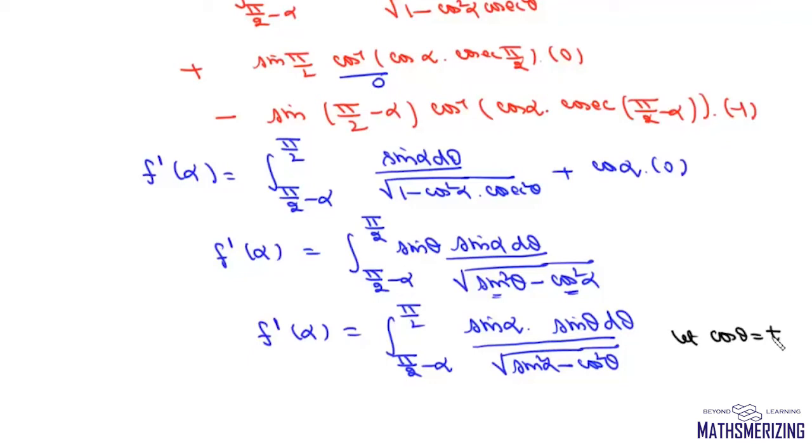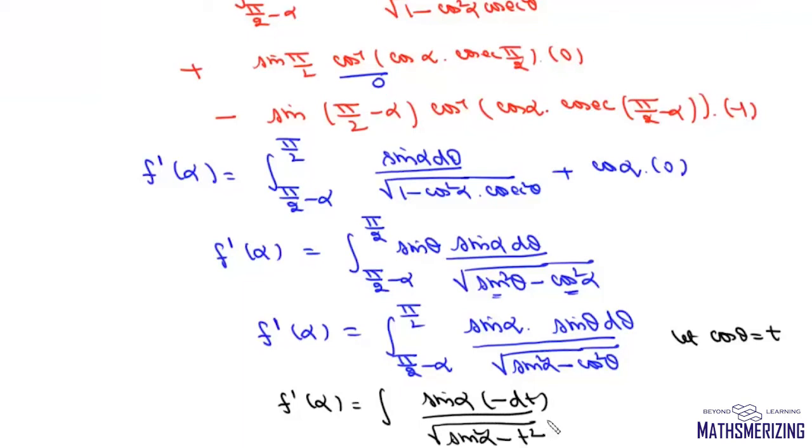Now what we'll do is we'll let cos θ as t. Now we take cos θ as t, −sin θ dθ will be dt. So we can write f′(α) as sin α into −dt upon under root of sin² α − t², and the lower limit, if we put θ as π/2 − α, will be simply sin α, and then cos 90 is 0.